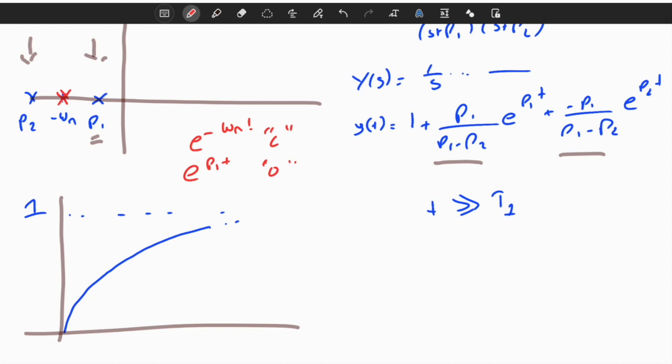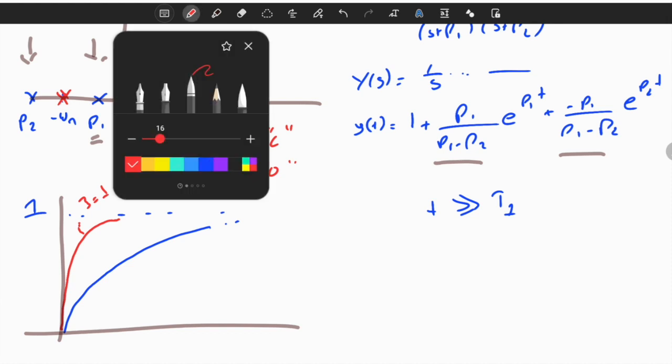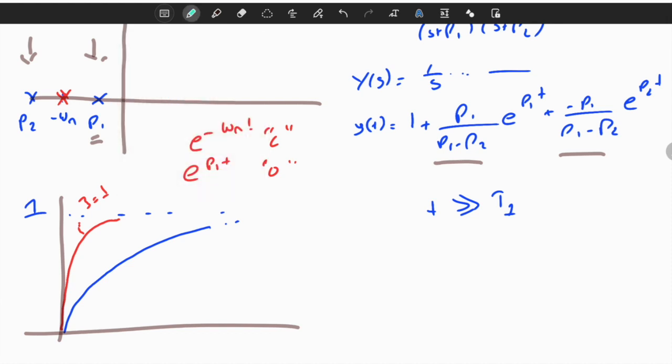If I draw the critically damped case here, let's say it is like this, where psi is equal to 1. If I increase my psi, or damping ratio, I will move in this direction.